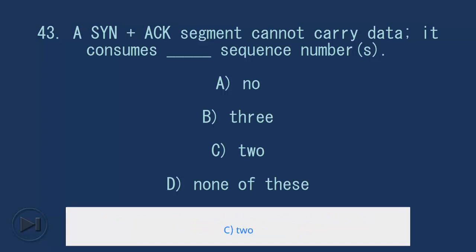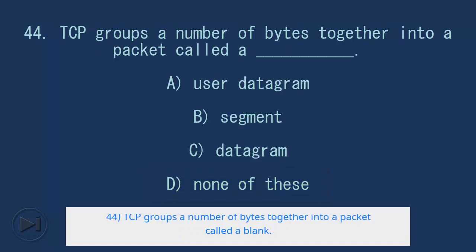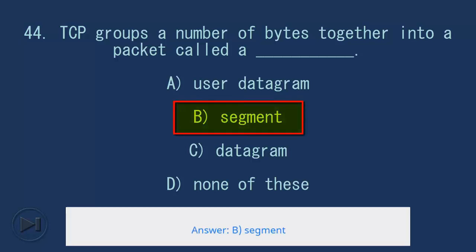C. 2. D. None of these. Answer, D. None of these. 44. TCP groups a number of bytes together into a packet called a blank. A. User datagram. B. Segment. C. Datagram. D. None of these. Answer, B. Segment.